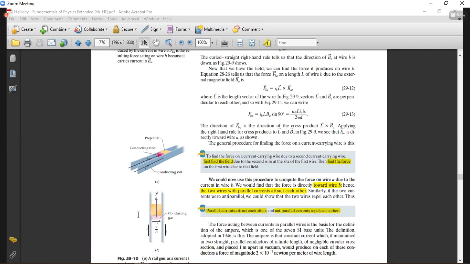So a rail gun is basically a simple two parallel rails, and we pass the current through those rails, and the magnetic force it creates propels the body to move, to project the material, any sort of heavy material, to a larger distance.